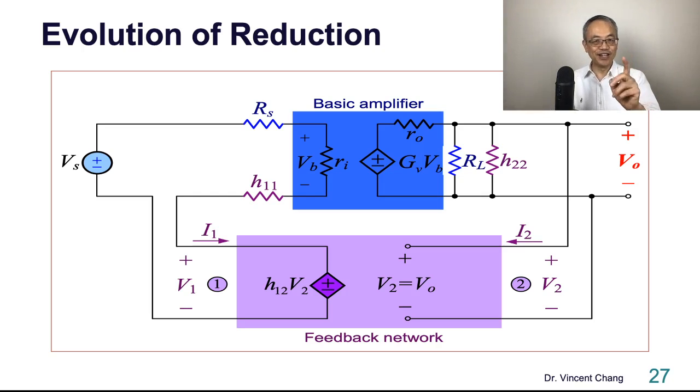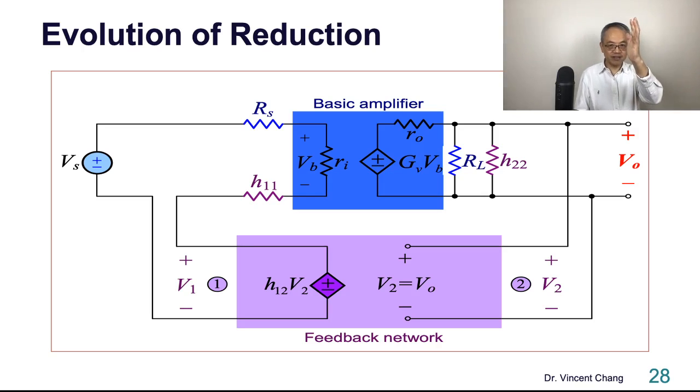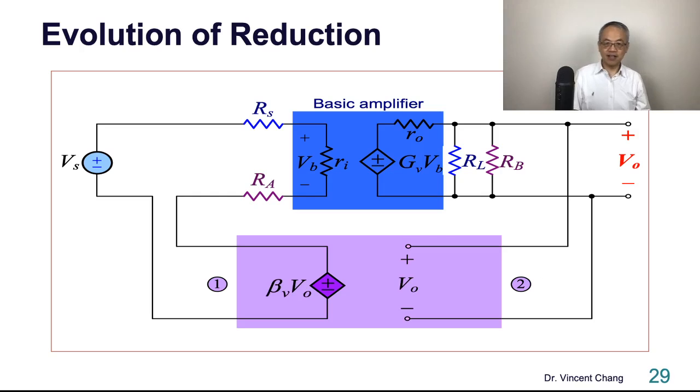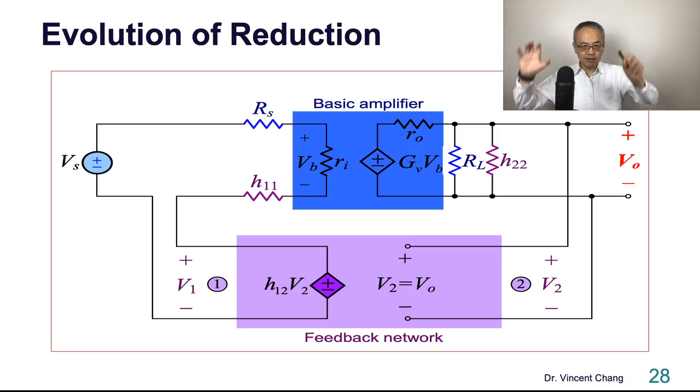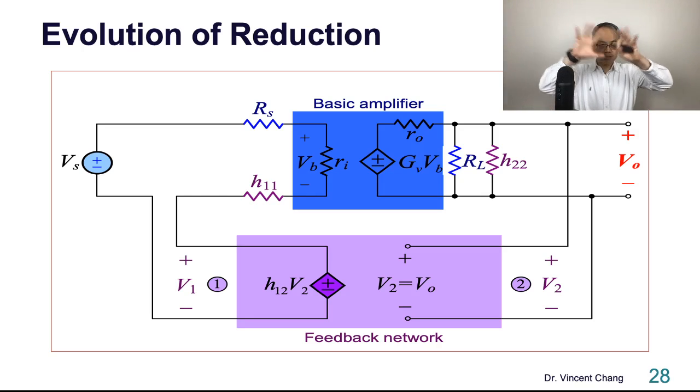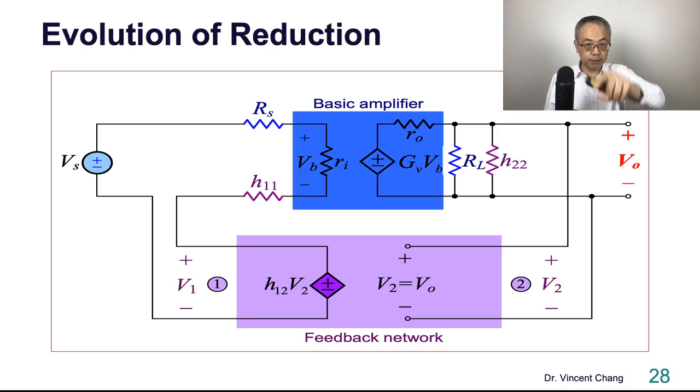So now here comes the most beautiful part. Let's redefine the A, the open loop gain A. If you sit in the basic amplifier and look down, what do you see?